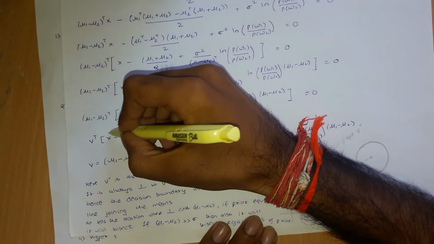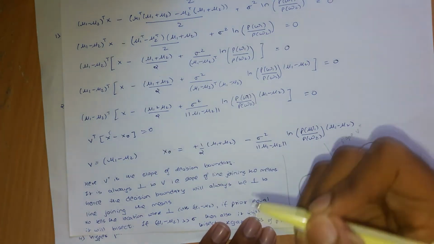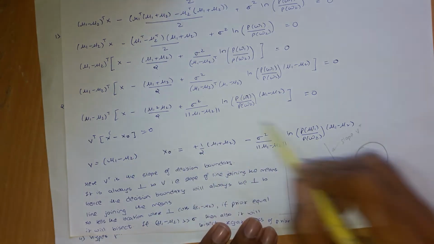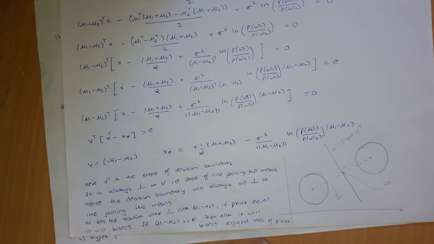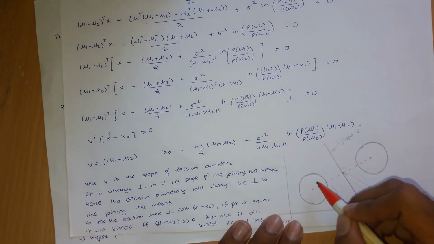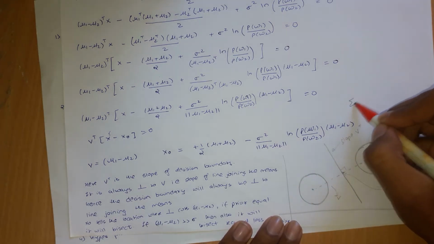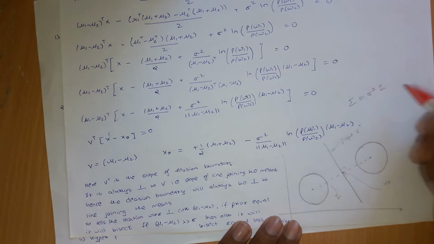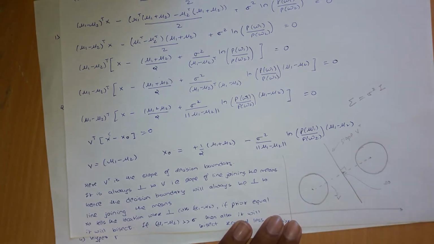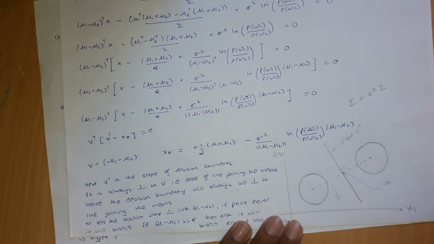So here x is my variable, x is the test sample that I am going to get, and x naught is this particular thing. So let us see what is the insight of this decision boundary. So here I had a case where my covariance matrix is equal to sigma square into I, which means that my Gaussian will become a circle from the top view. So this is the top view, this is x1 and this is x2.